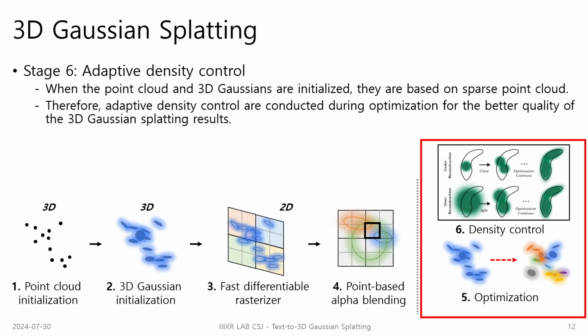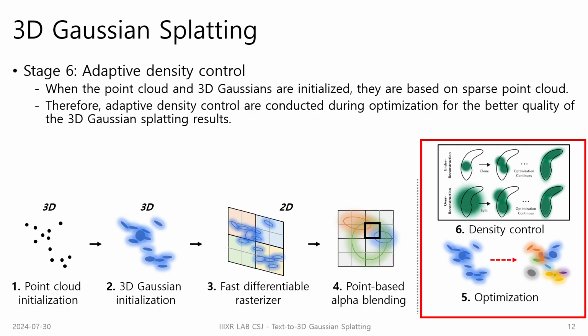In the optimization process, another crucial stage is adaptive density control. Initially, when the point cloud and 3D Gaussians are generated, they are based on a sparse point cloud. Therefore, at certain iterations during the optimization, the density of the 3D Gaussians must be adjusted.